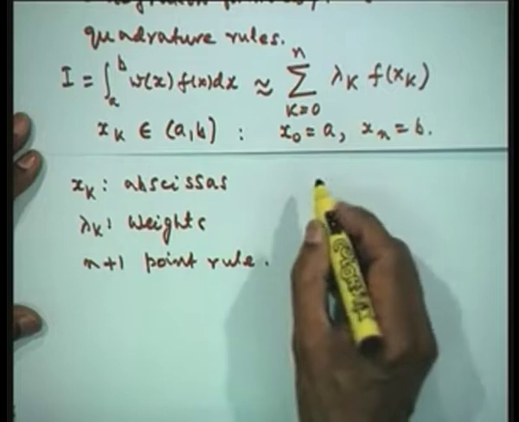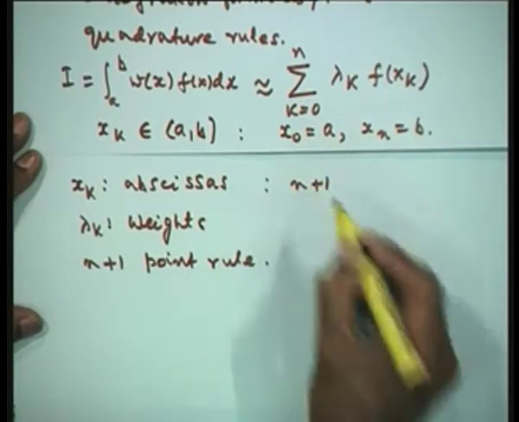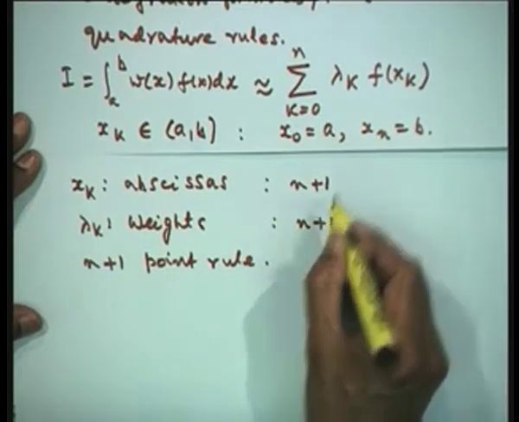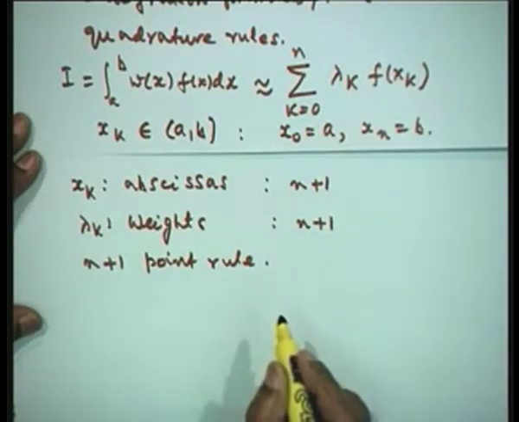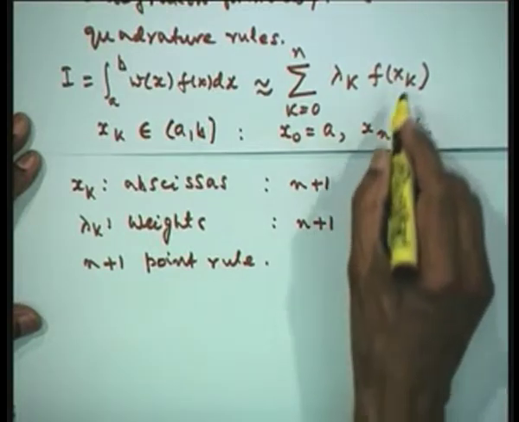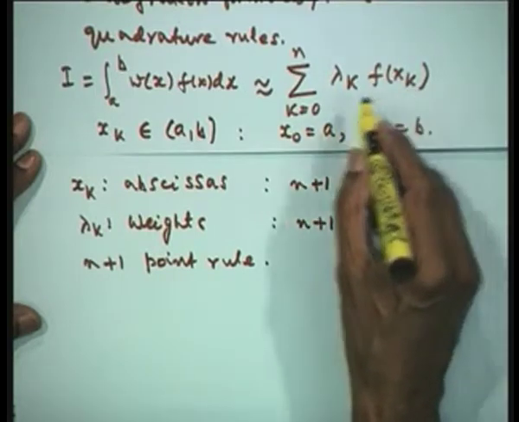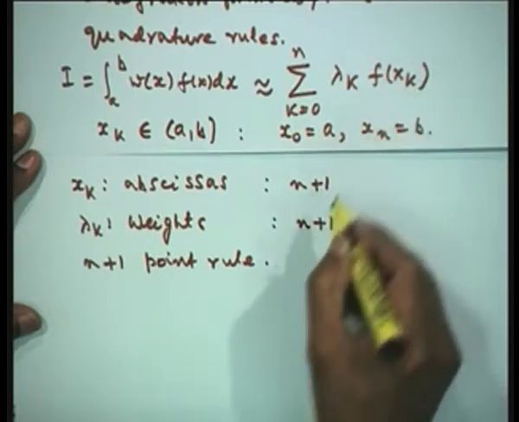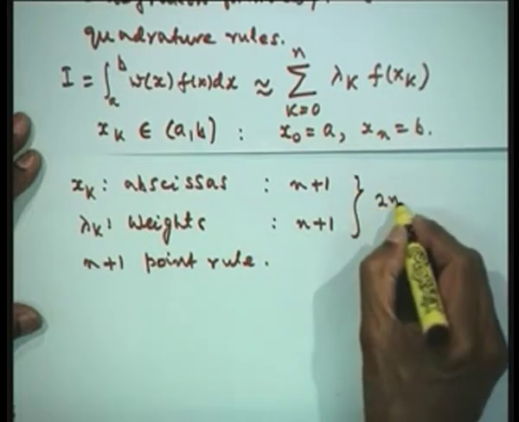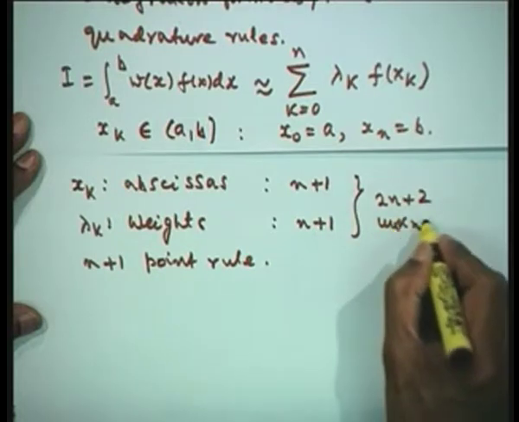There are n plus 1 abscissas in this formula, and there are n plus 1 weights also. If we take both of them as unknowns, that is, abscissas also to be determined and lambda k's also to be determined, then there are a total of 2n plus 2 unknowns in the general case.